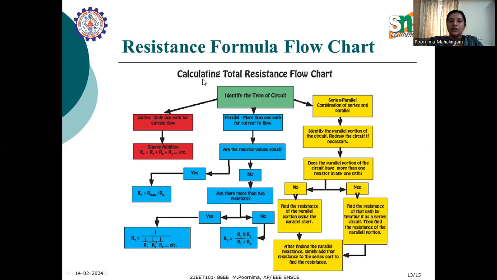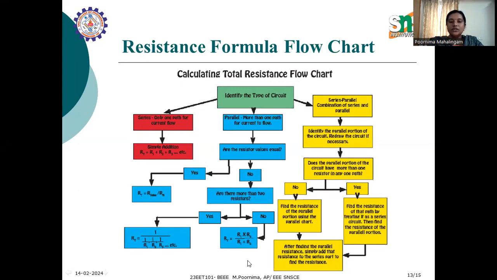Okay. Here is the resistance formula flowchart. To calculate the total resistance, first identify the type of the circuit. If it is series, there is only one path for the current flow and we have the formula for that. If it is parallel, we have to look at the values. If the values are equal, then the resistance is the value of one resistance divided by the total number of resistances. If not, we check whether there are more than 2 resistors, and if yes, we move on to the general formula.